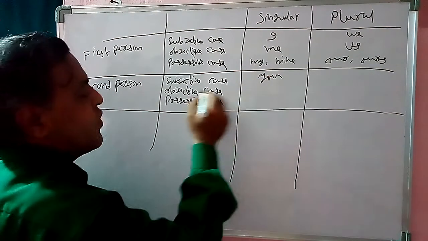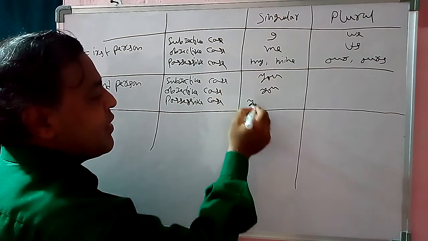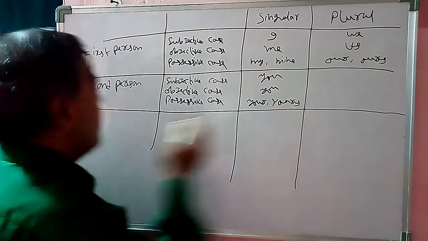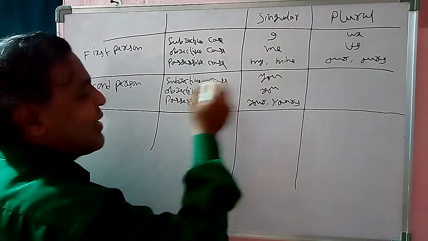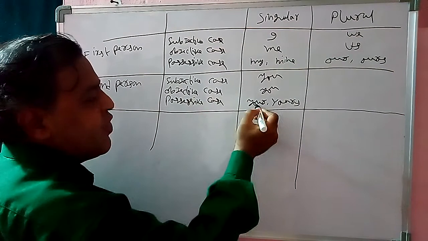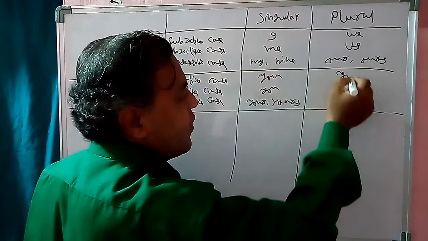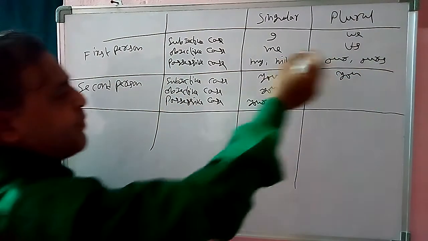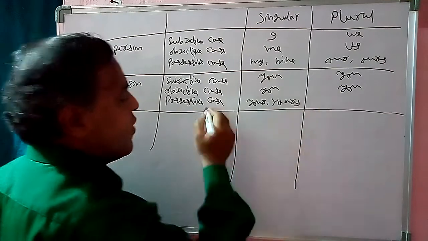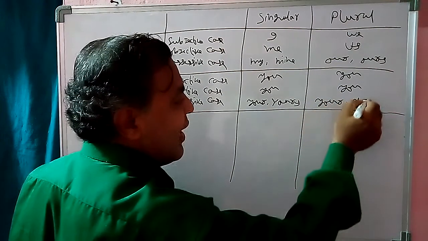Subject case, you. Object case, you. Possessive case, your, yours. Second person plural: subject case, you, object case, you, possessive case, your, yours.